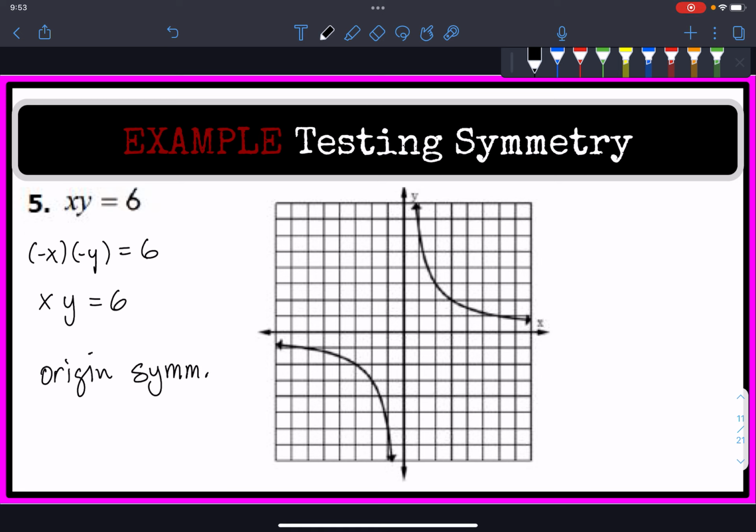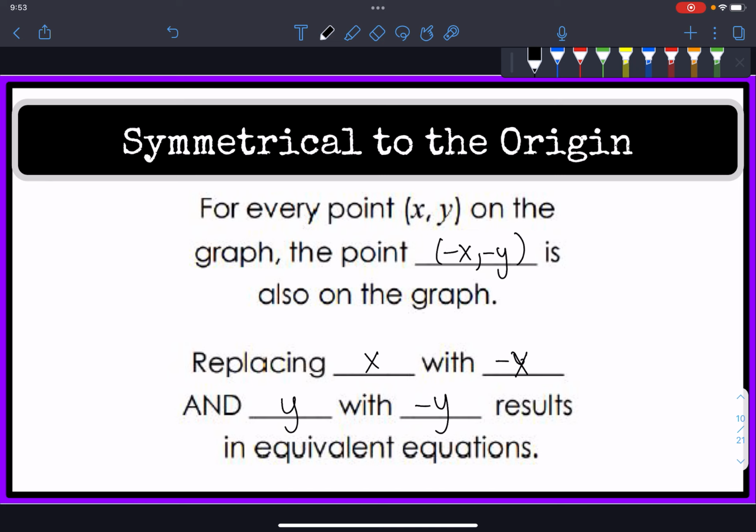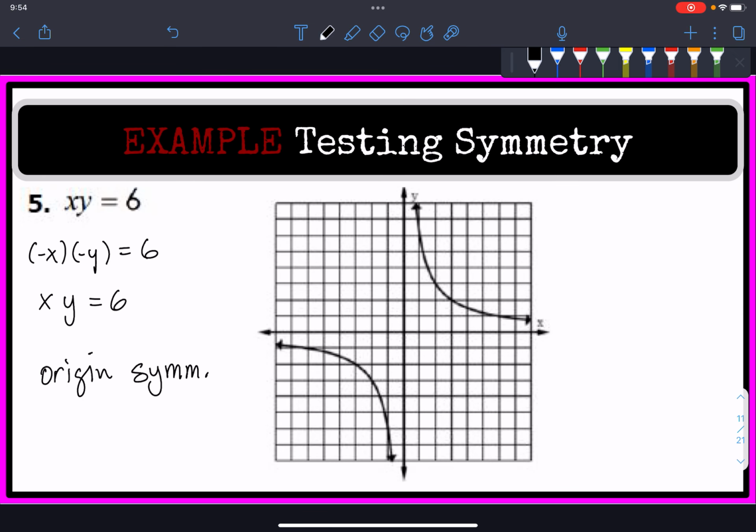And because it's symmetrical through the origin, which I didn't mention on the last slide, let me go back over here. Any relation that is symmetrical through the origin and only through the origin, which I should emphasize, is referred to as an odd function. So this example has only this origin symmetry and thus is referred to as an odd function.